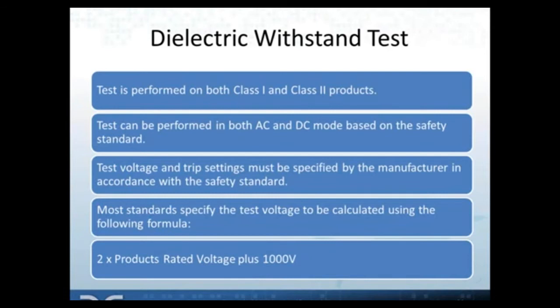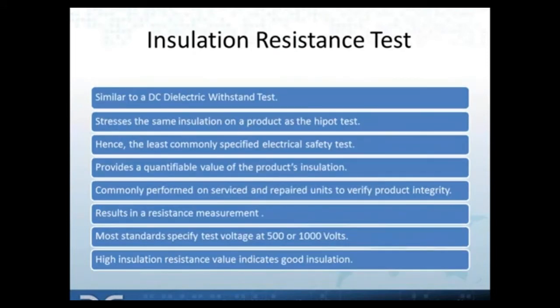Now again, this is a basic rule of thumb for setting hipot test voltage, but one should always refer to the standards that they're trying to comply with to get the correct test parameters for this test.